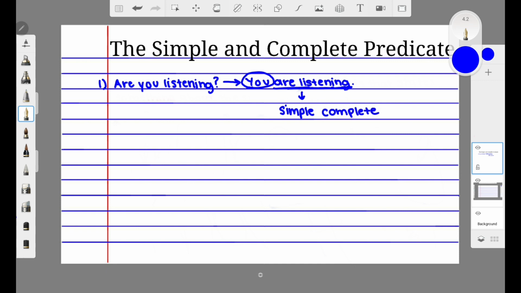Whereas if we were adding to the sentence, are you listening to his speech? Then when we converted it to a sentence, you are listening to his speech. The to his speech part would come in the complete predicate. But since there's nothing else added in the question or the sentence, are listening, the verb phrase, is both the simple and complete predicate.